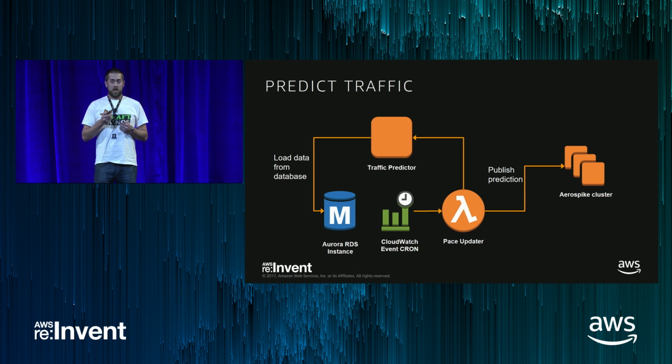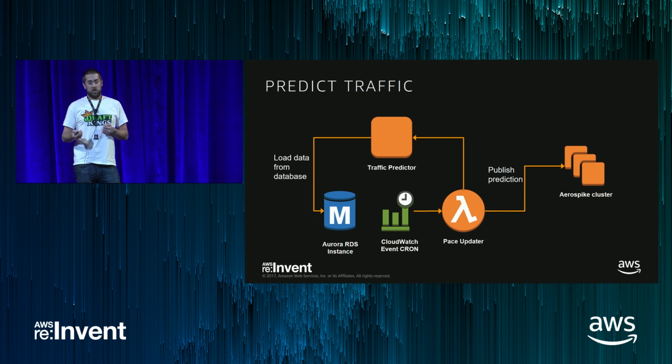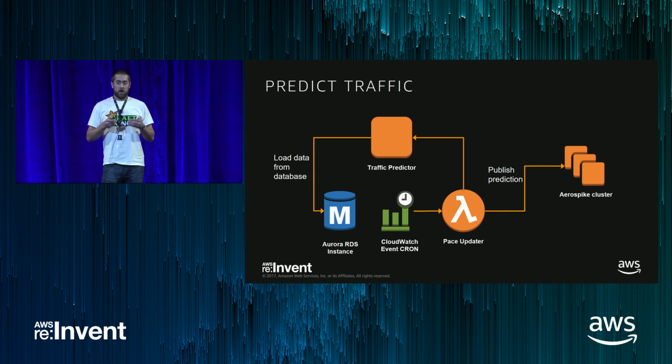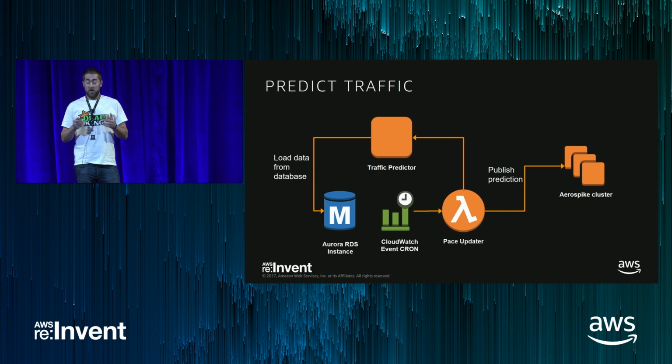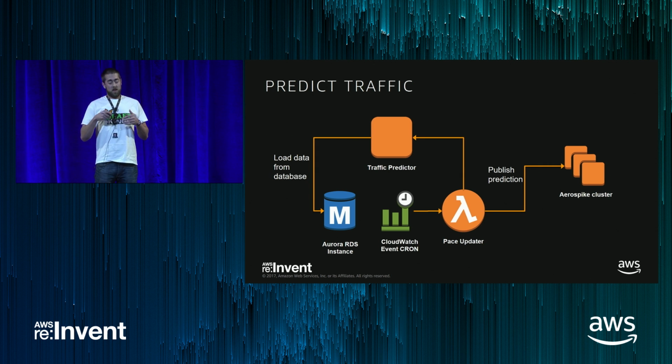We then have an Amazon Lambda function that's triggered on a cron-based CloudWatch event, which will take those predictions from the traffic predictor and then publish them into our centralized caching solution. At DraftKings, we use Aerospike for a centralized caching solution, and Aerospike is simply an open source key value store. My colleague Frank will be coming up after me to discuss how the traffic predictor works in detail.